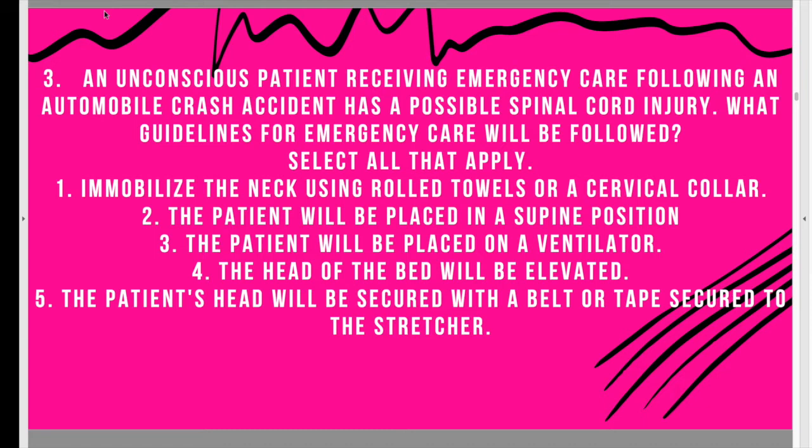So first, immobilize the neck using rolled towels or cervical collar. 2, the patient will be placed in a supine position. 3, the patient will be placed on a ventilator. 4, the head of the bed will be elevated. And then 5, the patient's head will be secured with a belt or tape secured to the stretcher.